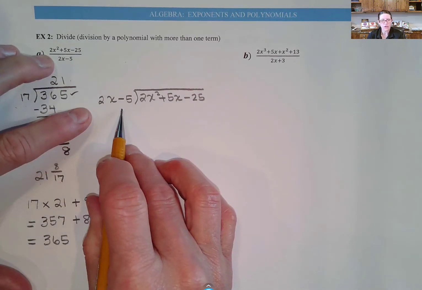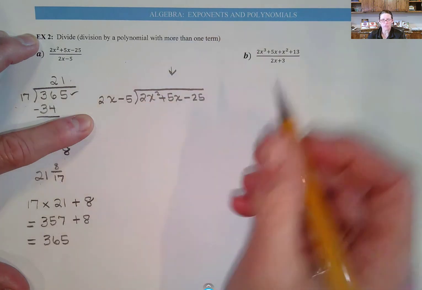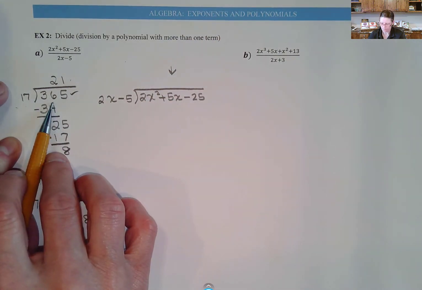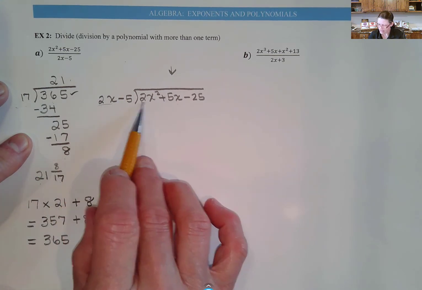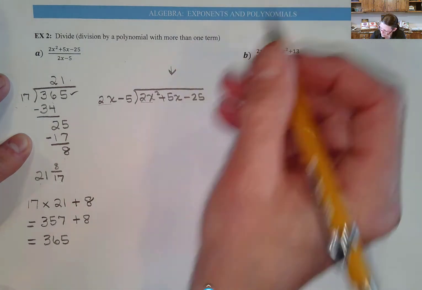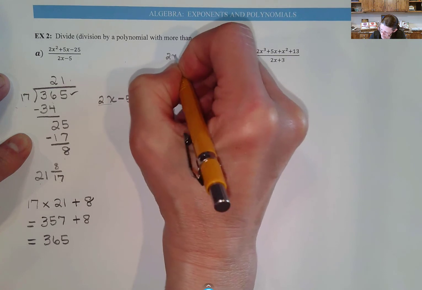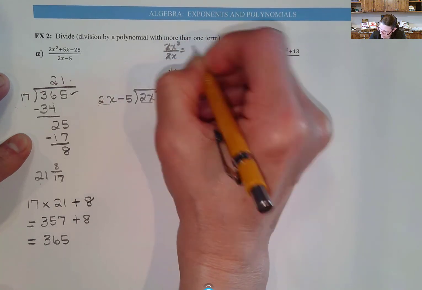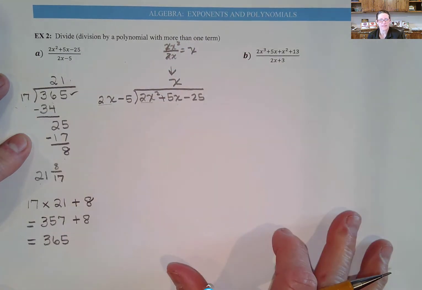Now, since we've got 2 terms, we're going to divide into 2 terms and begin our quotient right here, similarly to what we did with dividing our numbers. I want you to start by asking yourself, 2x divides into 2x squared how many times? Well, you might just step out to the side and say, well, 2x divides into 2x squared x times. So we begin with x.